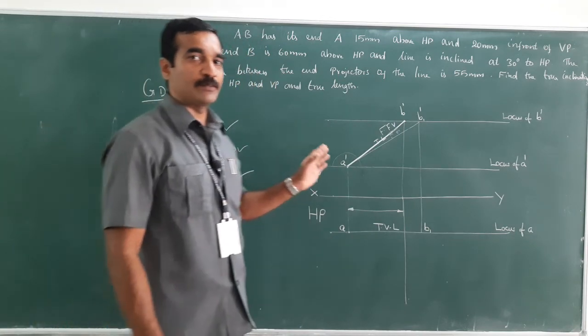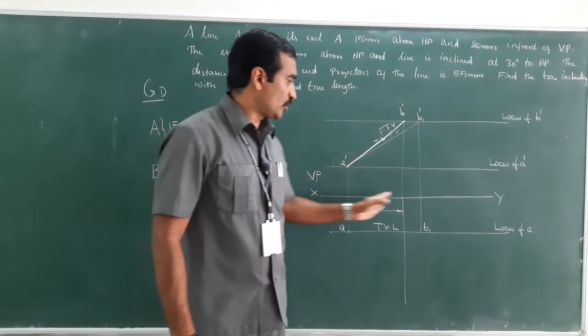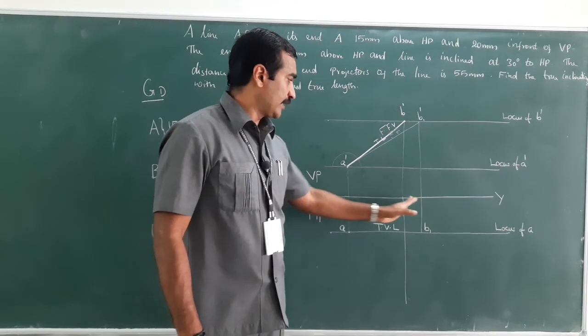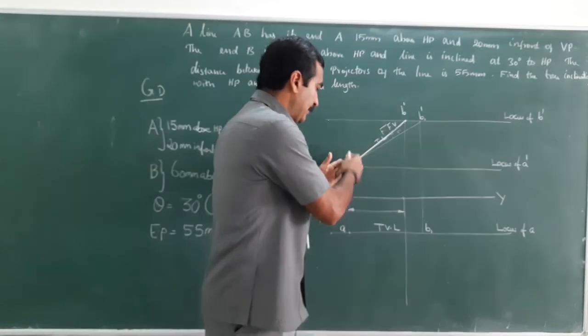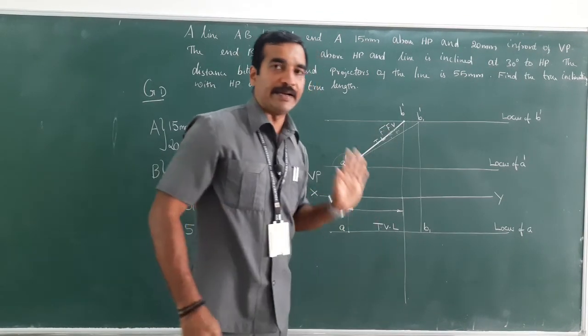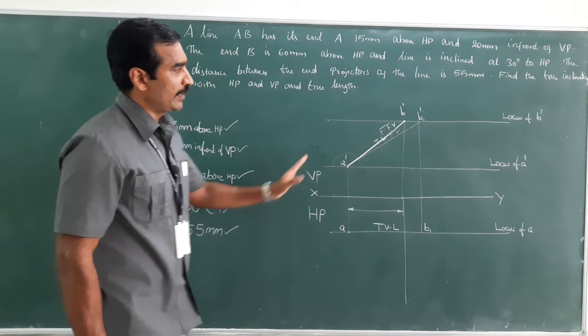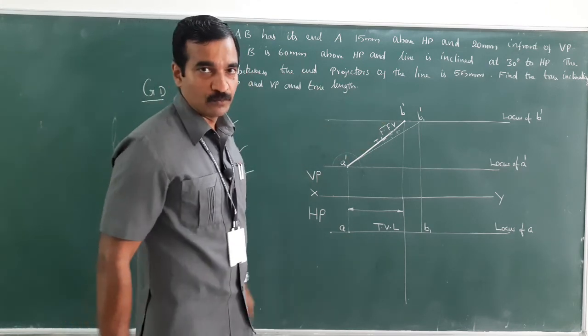So the definition of end projector is the distance on the horizontal line, that is XY line, reference line, between the projectors A dash and B dash. Right. I got the final front view.